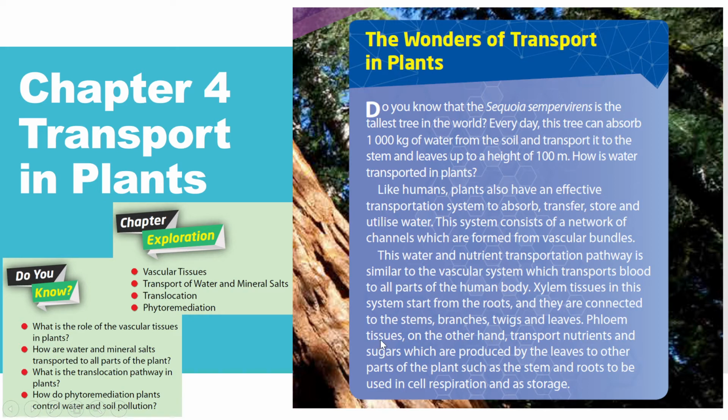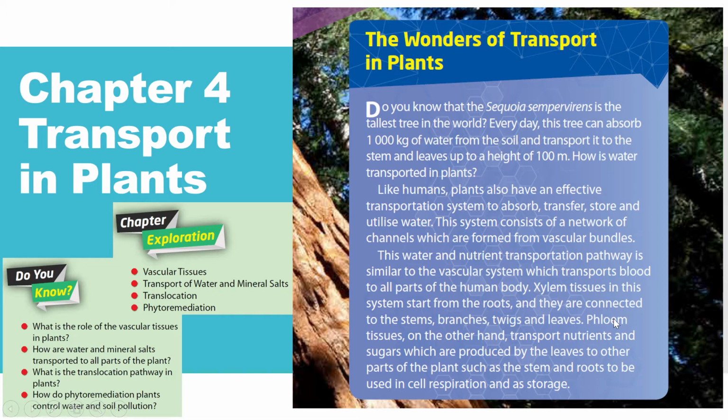But what is the function of phloem tissues? They transport nutrients, sugars, which are from where? Just now, the water is from the soil up to the plants, to the leaves. So it is against gravity, for water transportation together with the dissolved mineral salts.